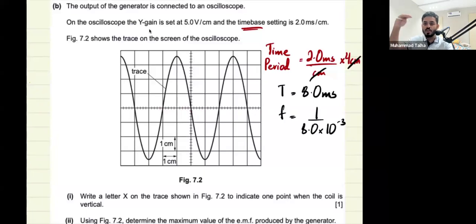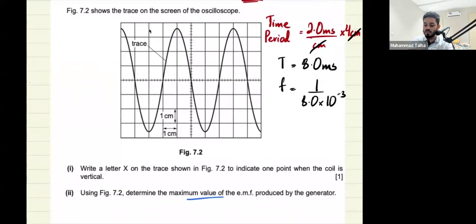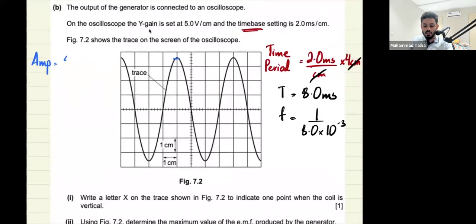For the Y gain, because this is Y, so this is vertical, you know that this somehow relates to the amplitude. In this part, we are asked the max value of the EMF, so the peak value, which is this. For the amplitude, which is the max value, I would take the Y gain, which is 5 volts per centimeter, and multiply by the vertical divisions corresponding to the amplitude.